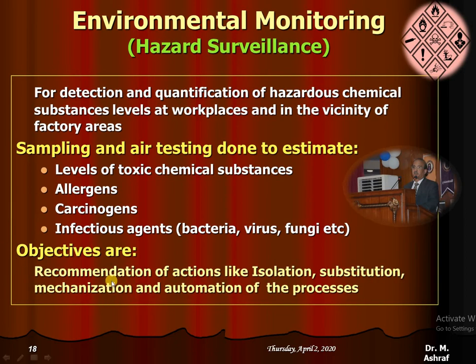The objectives are the recommendation of action like isolation of the workers or process, or substitution of the workers and process, then mechanization and automation of the processes to protect the workers. So this is environmental monitoring or hazard surveillance.